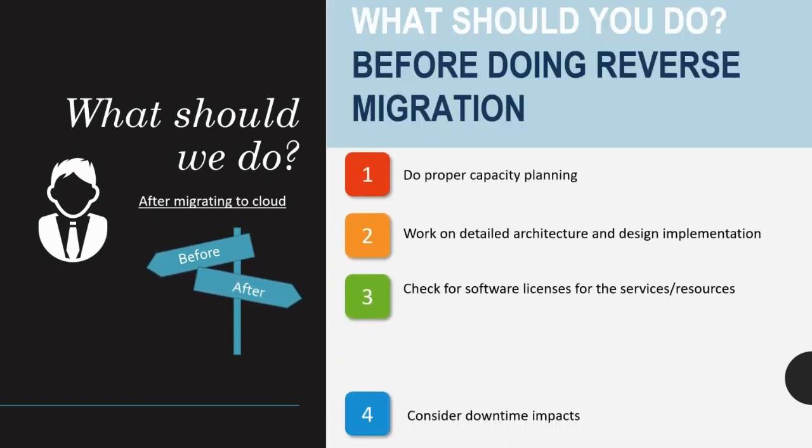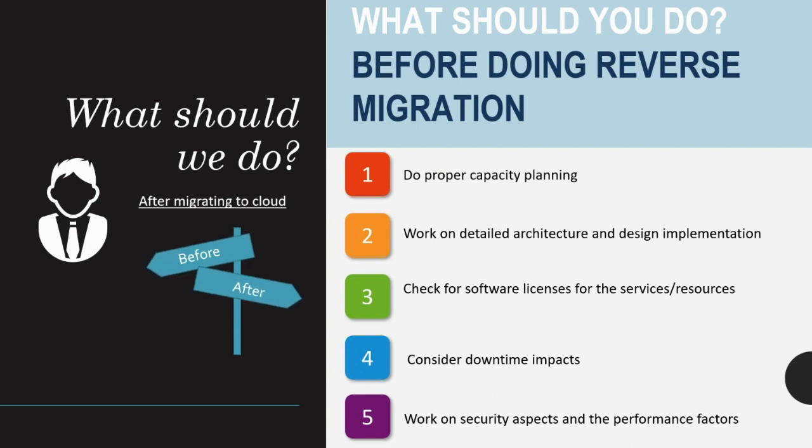Now, what should we do after migrating into the cloud? Assume you made a decision to move away from the public cloud to your on premises. Before doing reverse migration, what are the things that you should do?